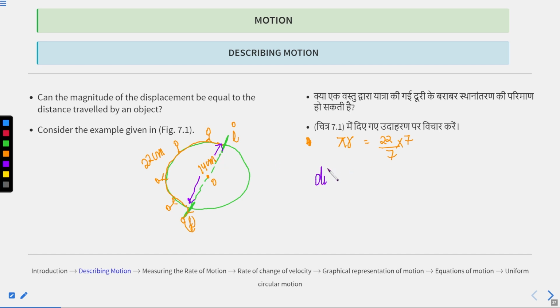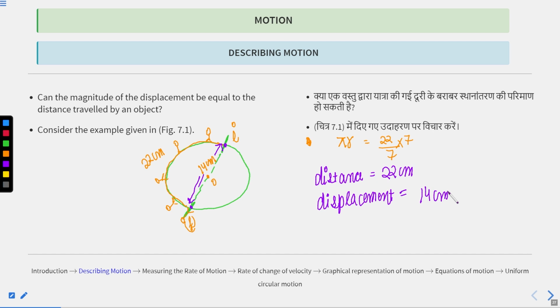So your distance will be 22 centimeter. And what will be your displacement? The distance between initial point and final point after drawing a straight line is 14 centimeter. You haven't traveled on the diameter, but displacement did not ask about it.